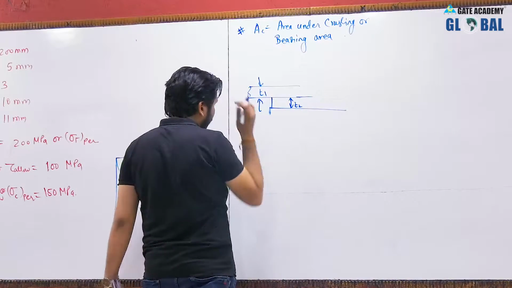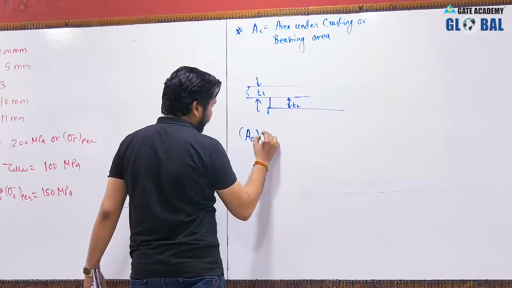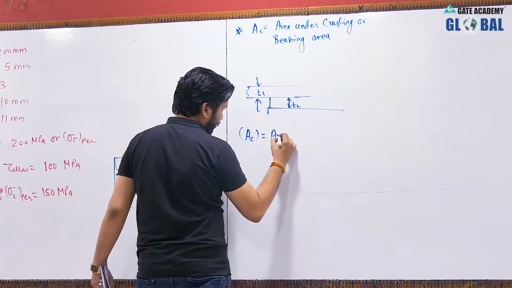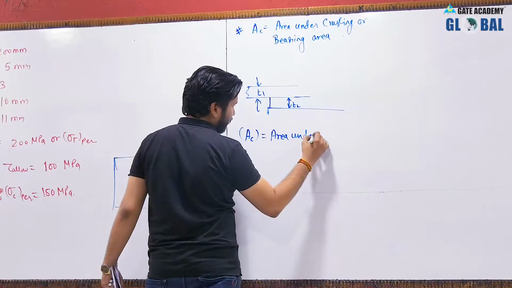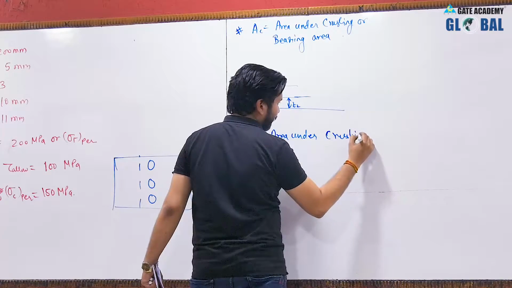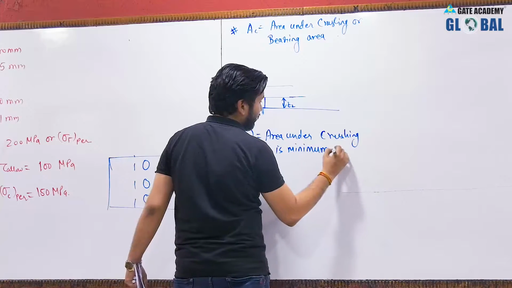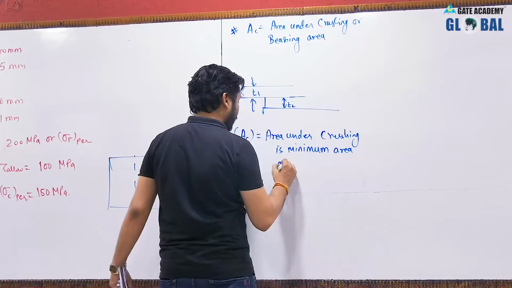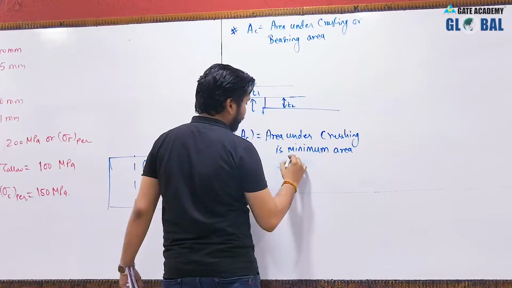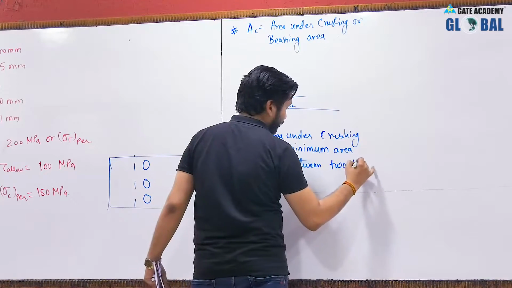So in that case, the crushing area, that is AC, the area under crushing, is the minimum area between 2 values.